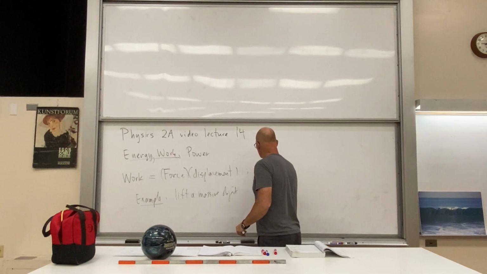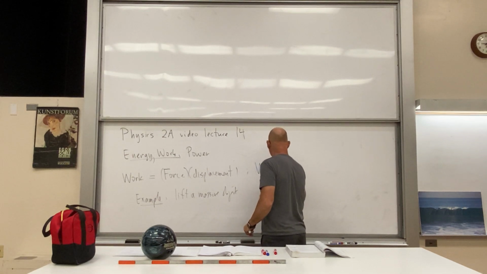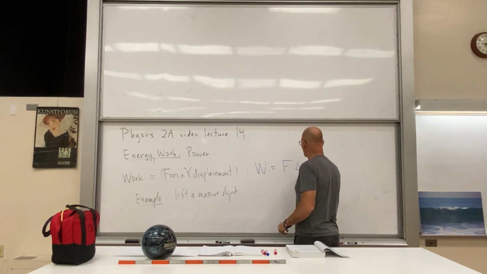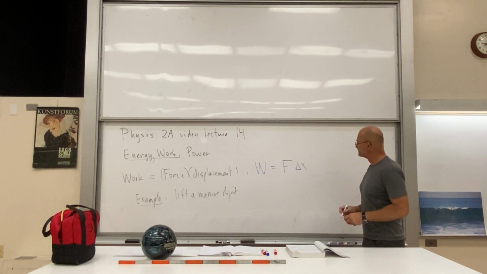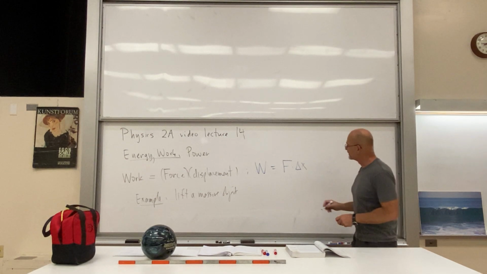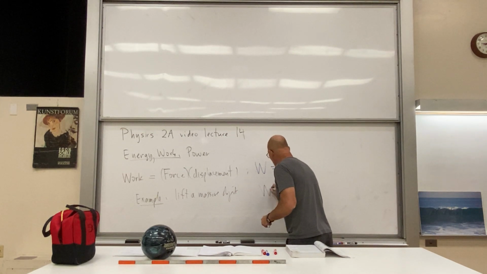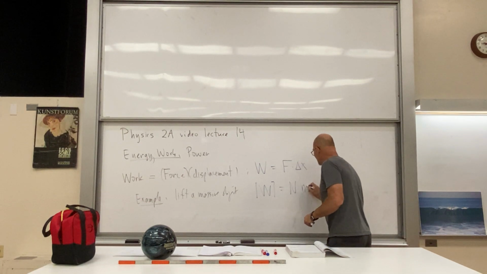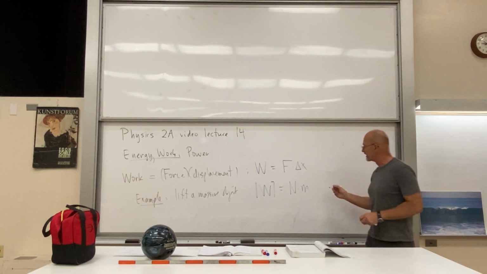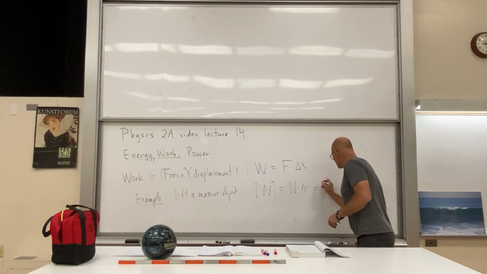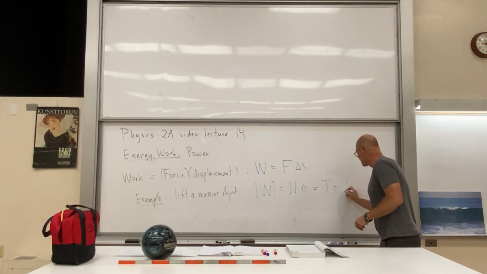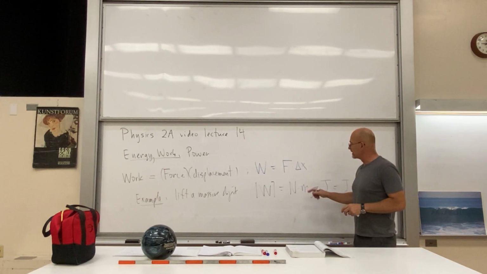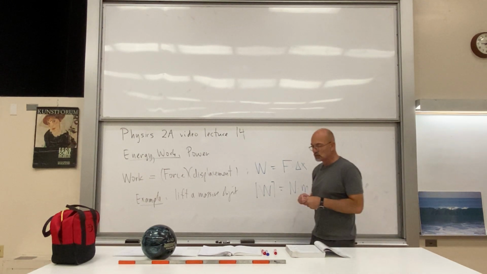So my symbols here, I'll say work is equal to force times delta x. Remember that was our displacement called delta x. And the units of work are the newton times the meter, so newtons times meters, and that gets its own name. I'll use the letter J, the name is joule. So the unit of work, 1 newton times 1 meter, is a joule.